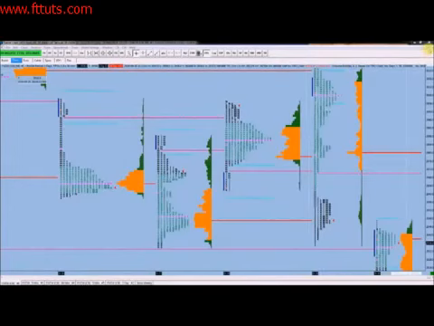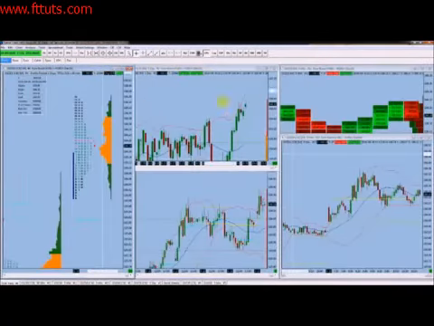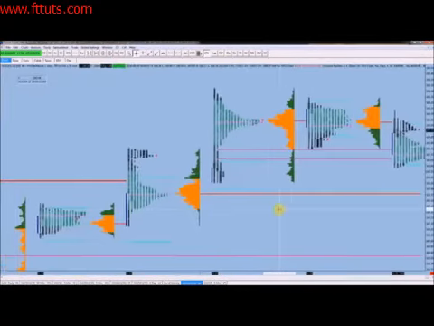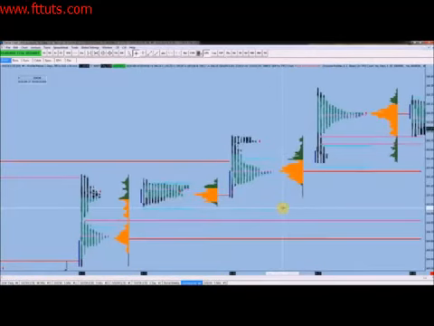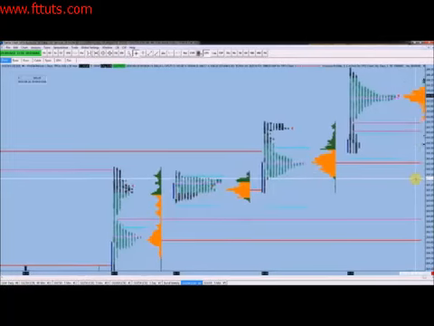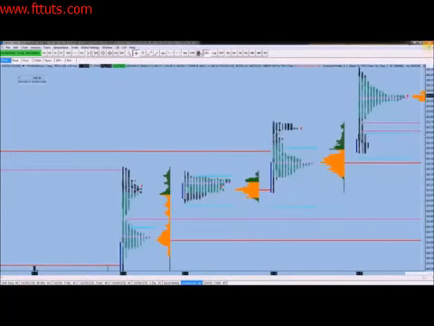Now of course in the Bund we've had some great trend days over the last few days. So if we look at the 22nd, which is not that long ago, actually no, the 22nd was more of a double distribution. What would have been a great trend day?